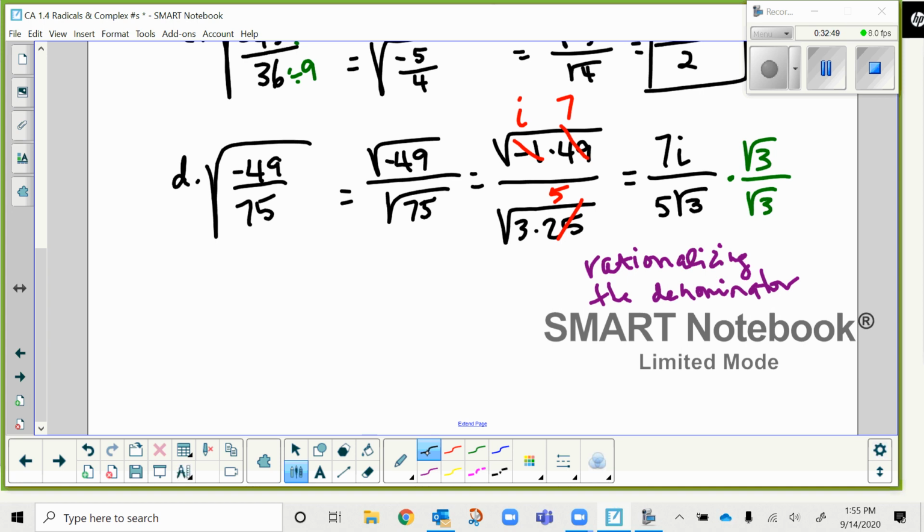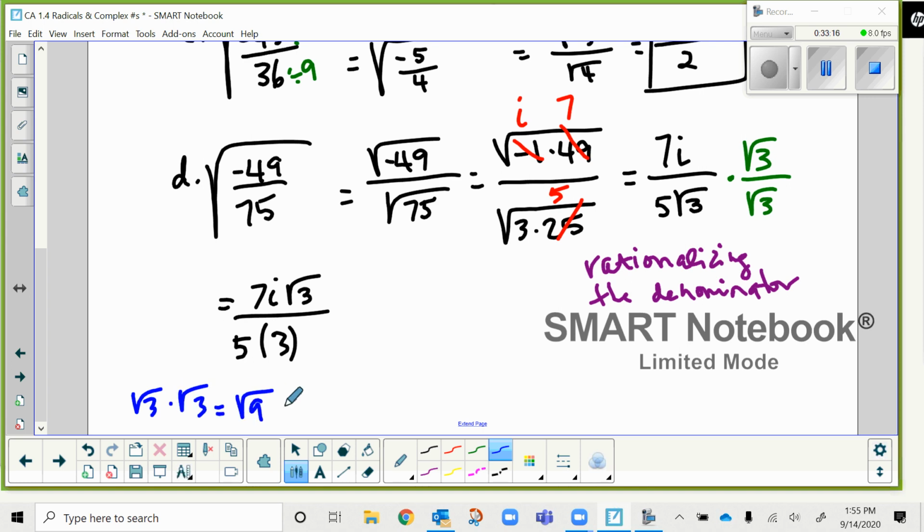So when you multiply now, we've got two fractions. We're multiplying across the top, across the bottom. Across the top, you're just smushing things together. 7i radical 3. On the bottom, you have 5 times 3 because the square root of 3 times the square root of 3 is really the square root of 9, which is 3.